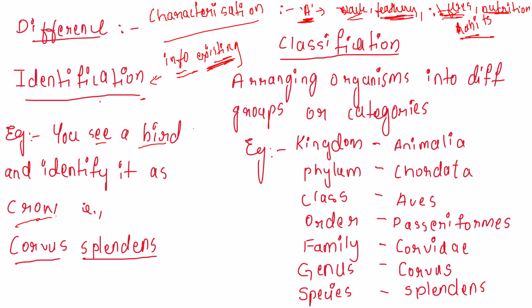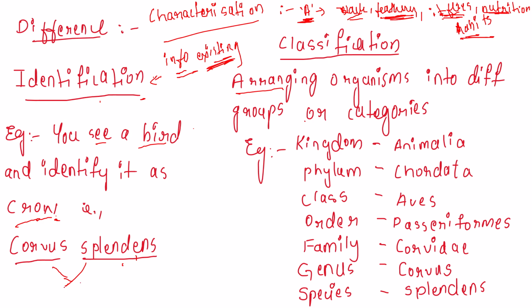Next, what happens? We know that it is a crow. Now we have to classify it. What is classification? Classification is the arranging of organisms into different groups or categories. What does that mean? Now we have Corvus splendens. Does that mean it is just this? No. It comes with a lot of story with itself, which is that it is placed within different taxa.